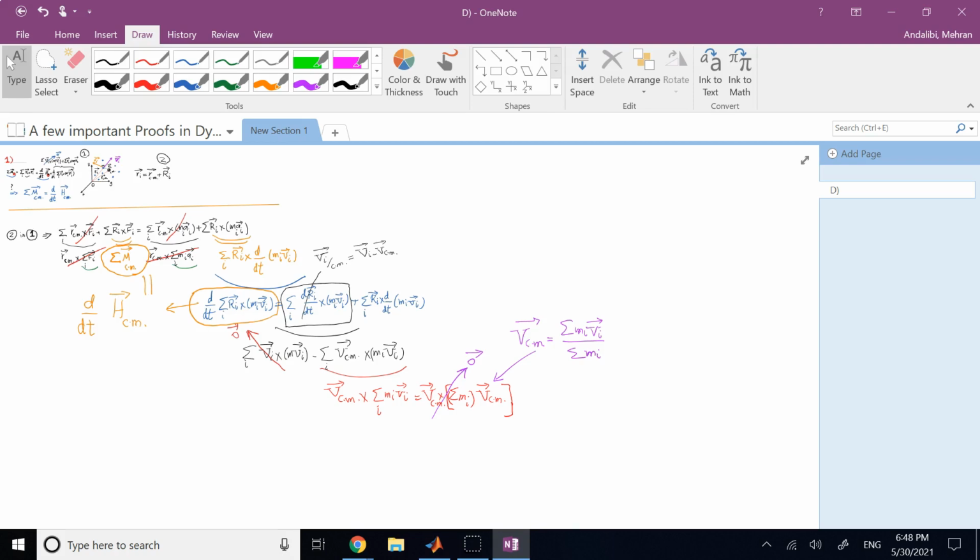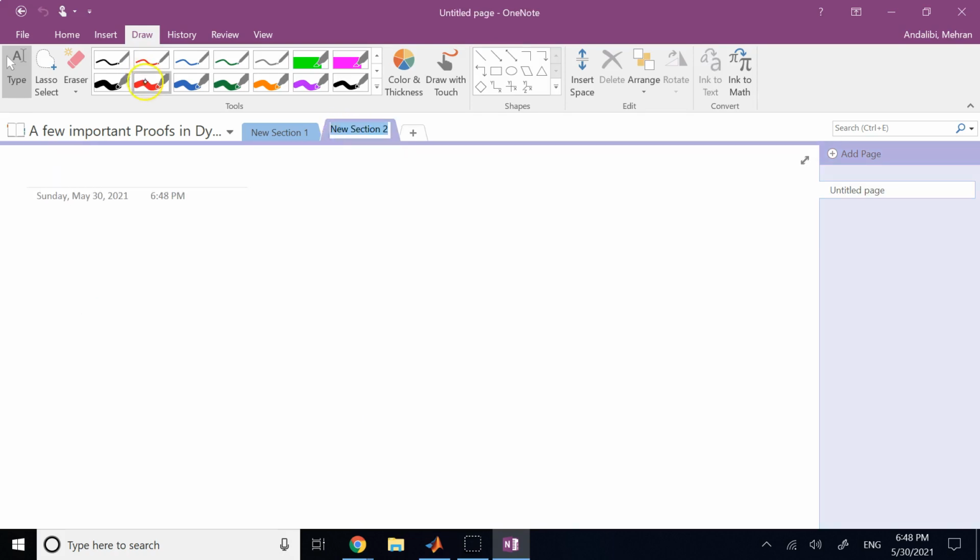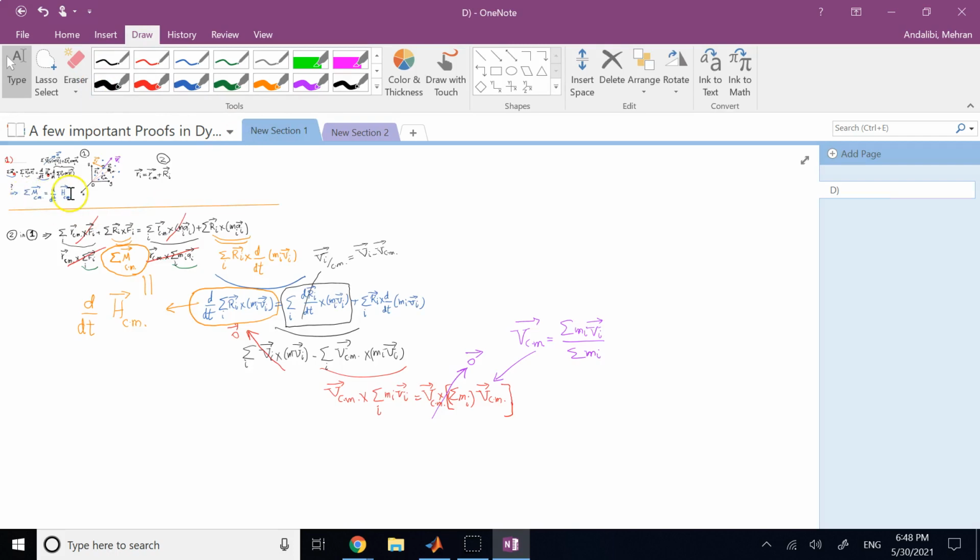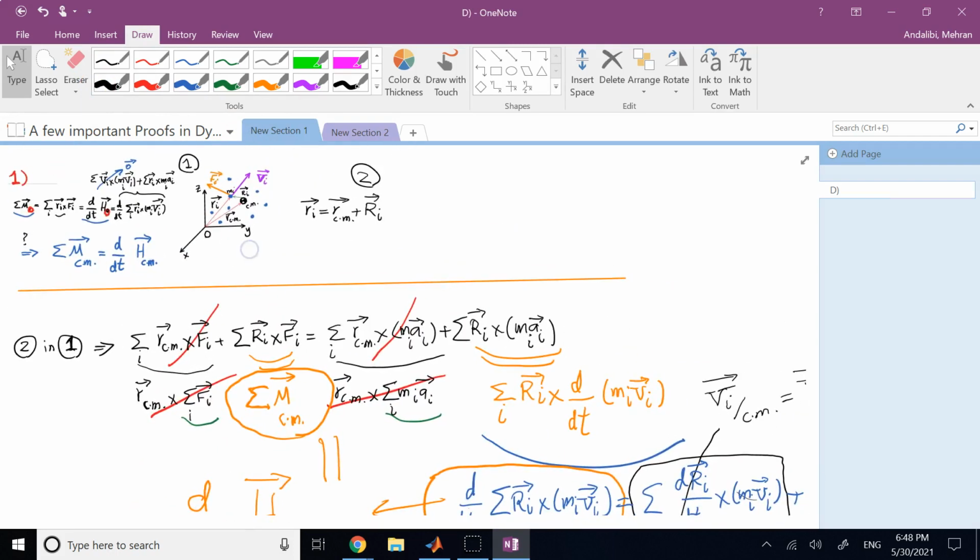Okay, it's not that simple. That's proof number 1, which is very important because most of the time when we write this equation for rigid bodies, we typically use the reference point to be the centroid of the rigid body. We barely use the origin. Sometimes we might, but most of the time the reference point for this equation is the centroid.